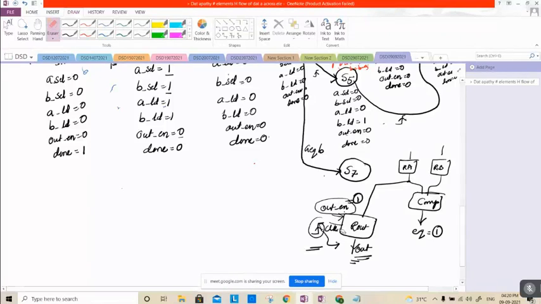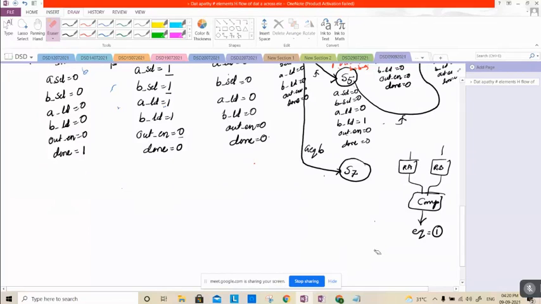So whenever A equal to B, in the S7 state, what should be the values of the select lines and the load lines? A select is equal to 0, B select is equal to 0, A load is equal to 0, B load is equal to 0. The values are already there.